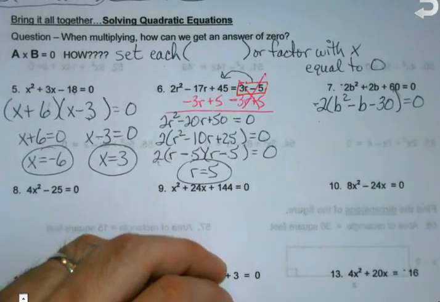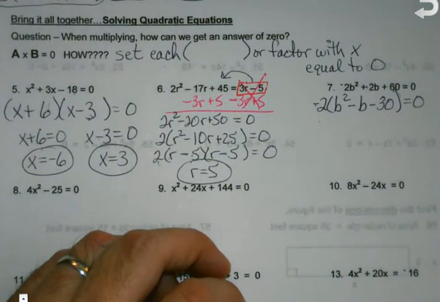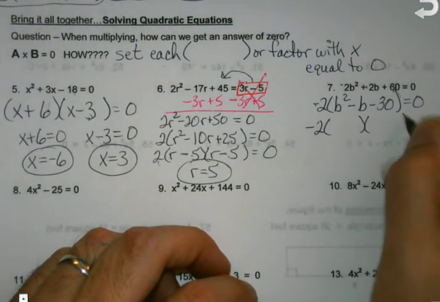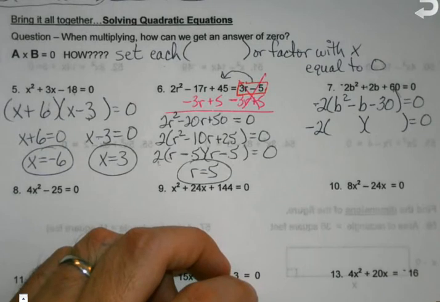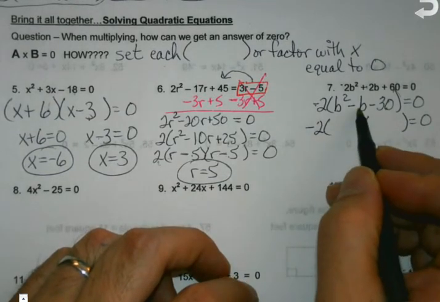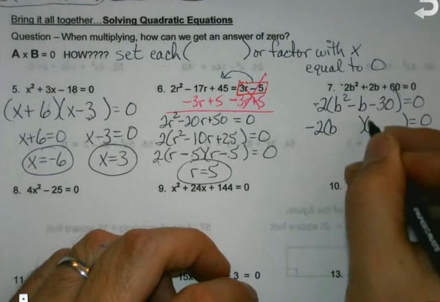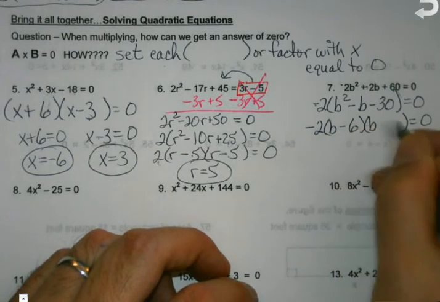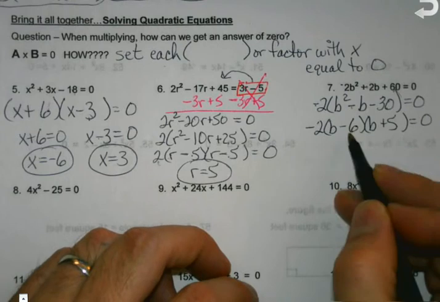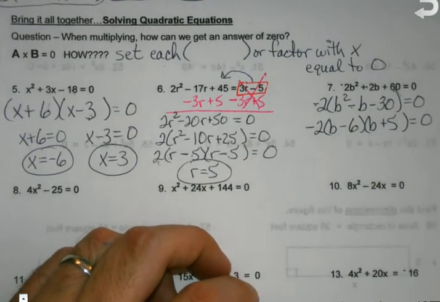So it's little detail things that can get you on this. So two numbers that multiply to negative 30 and add to negative 1. Okay. Negative 6, positive 5. Negative 6 plus 5 is negative 1. Negative 6 times 5 is negative 30.